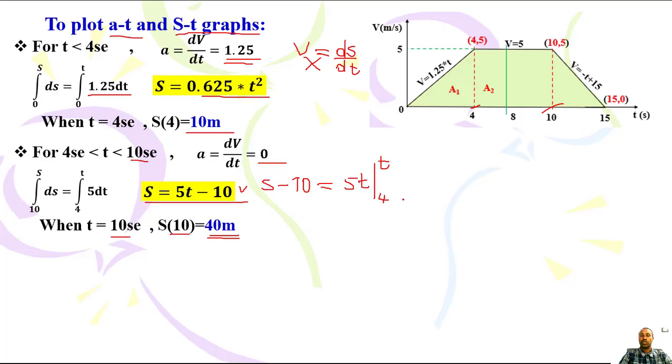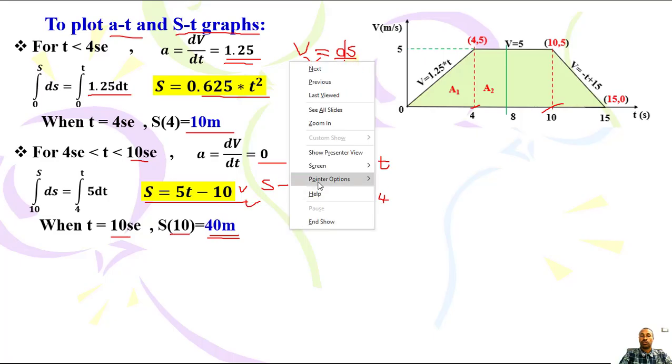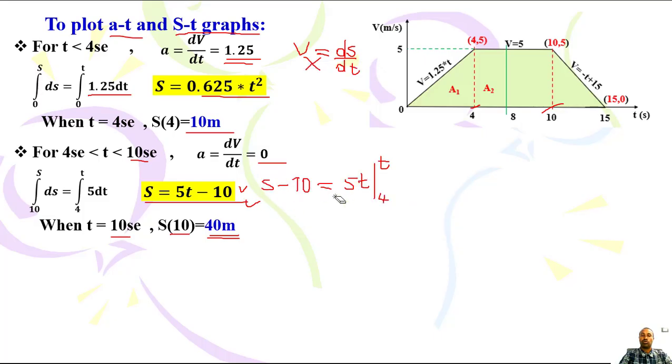Then it will be 20, then after rearranging, you get this equation here. So this is just the integration. How do you integrate? 5t in bracket minus 4. Then finally, after multiplication, it will be minus 20 plus 10, then it will be minus 10.